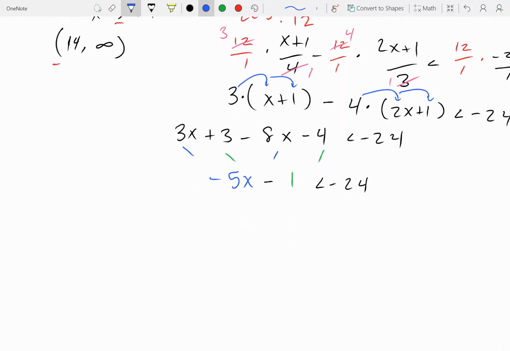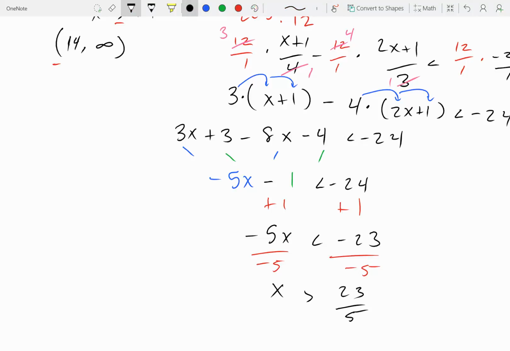So we add 1. We get negative 5x is less than negative 23. Divide by negative 5. So we have x is now greater than 23 over 5. Be careful when we divide by a negative. We need to flip the sign.